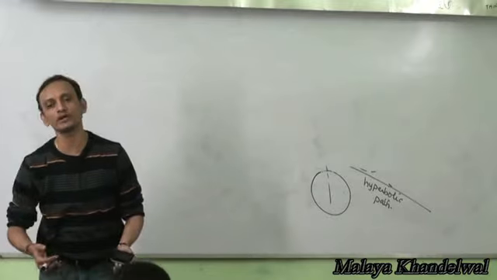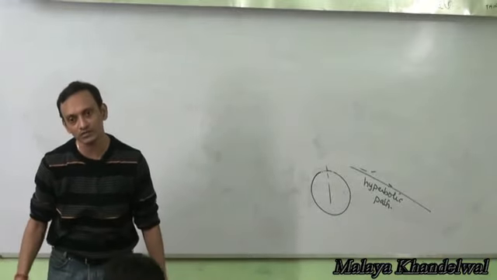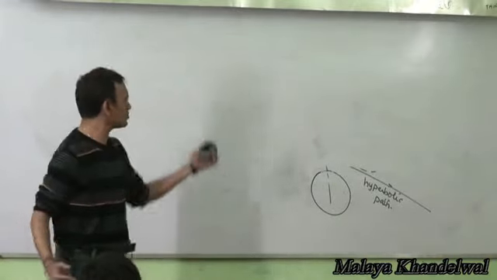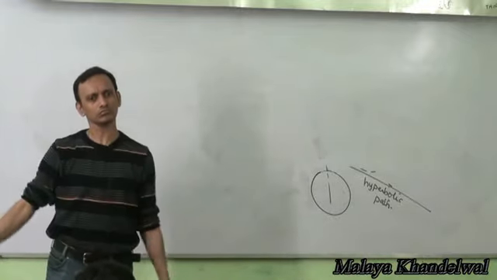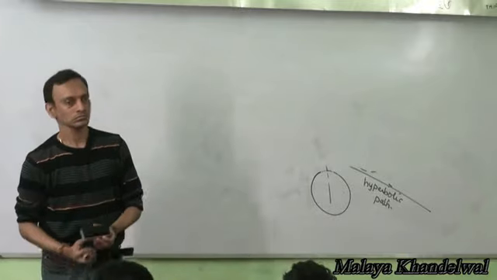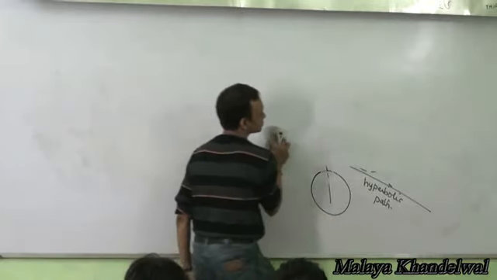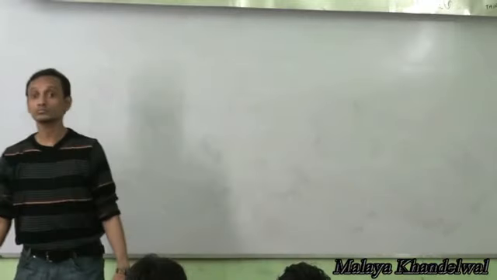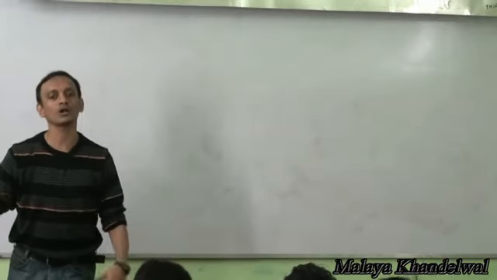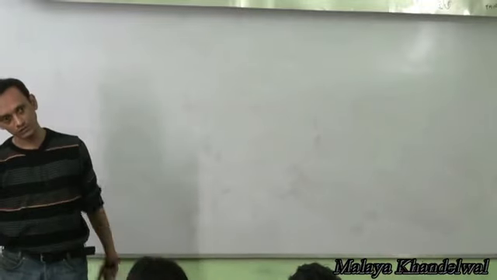Small r will be 6,400 plus 500, 6,900 kilometers. There's no difference. The small r is general, right? Small r will be capital R plus height h. Root GM by small r, where small r is 6,900 kilometers.